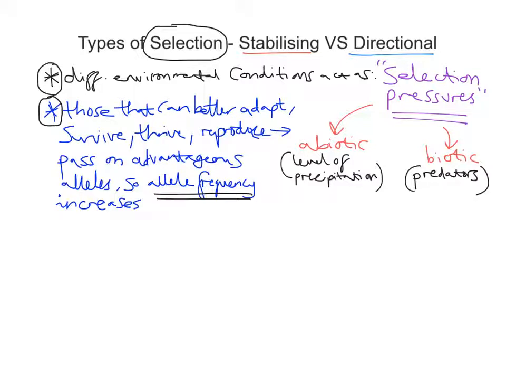So you may be familiar. Let's draw the particular graph that I'm referring to. So if we were to look at a particular population in terms of the variation of a particular polygene, you get something characteristic that looks a bit like this, a normal distribution curve.